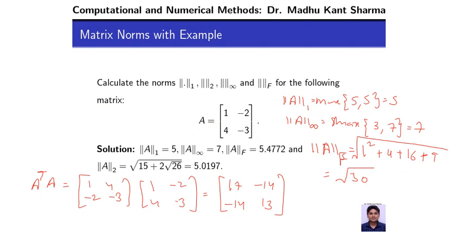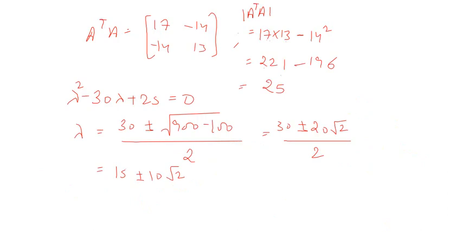Okay, so you just have to correct it. Spectral radius of A transpose A is nothing but the maximum of the eigenvalues. So the maximum is 15 plus 10 root 2 here, if we calculate it correctly.